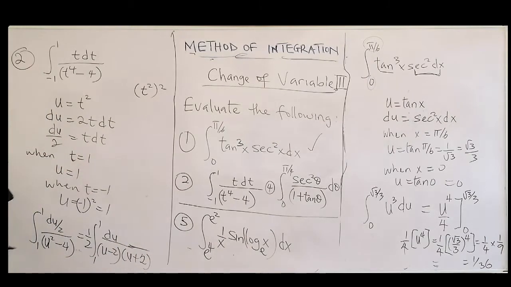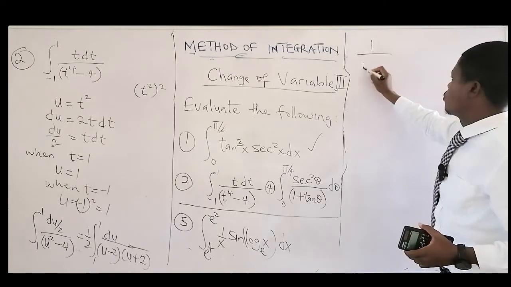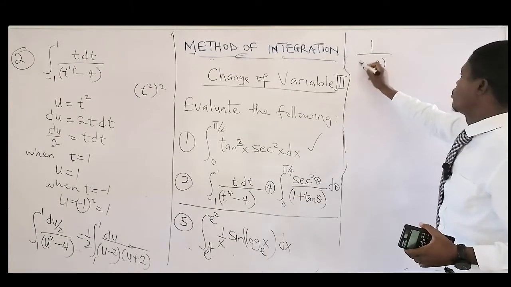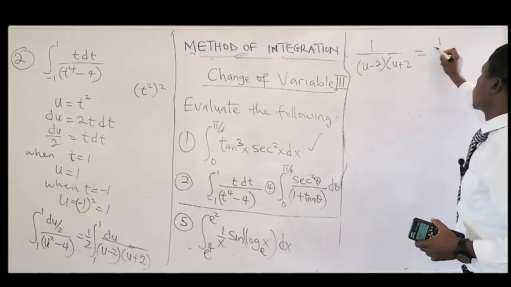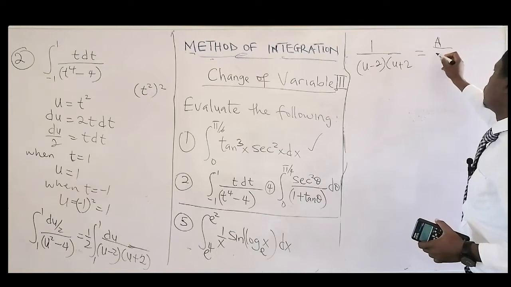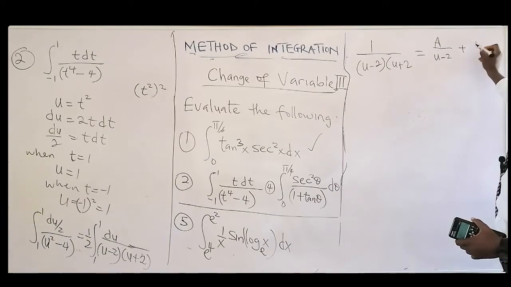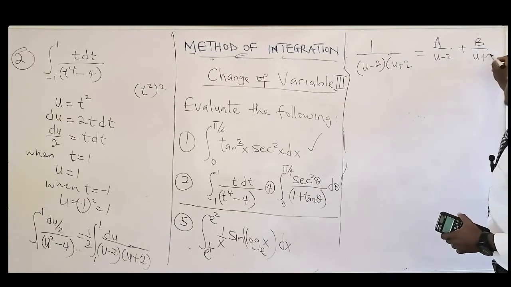Then we can resolve into partial fractions, because there is no direct integral for this. So 1 over (u minus 2)(u plus 2) will be equal to a over u minus 2 plus b over u plus 2.